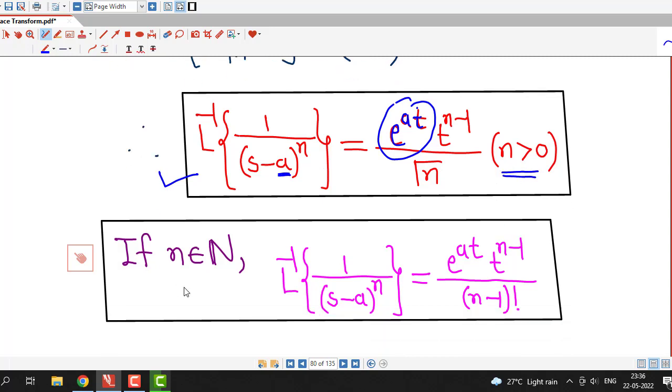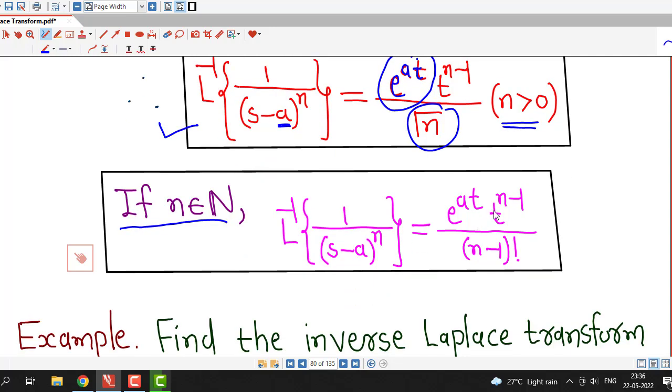If n is a particular natural number, then gamma n can be replaced directly by n minus 1 factorial. So if n belongs to the natural numbers, L inverse of 1 over s minus a raised to n is equal to e raised to at times t raised to n minus 1 divided by n minus 1 factorial.